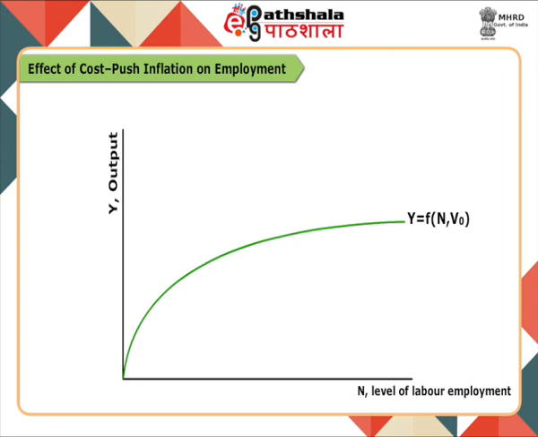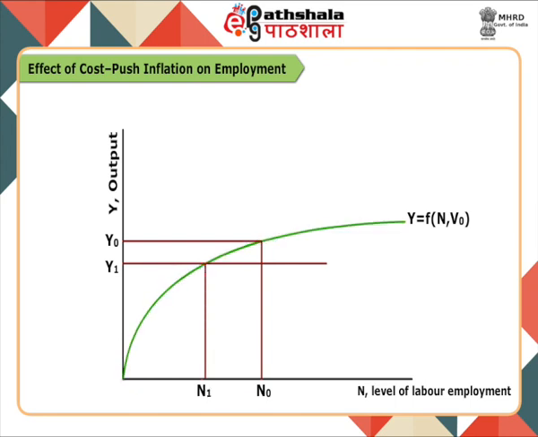When the level of output is at Y0, the employment level along with original production function is N0. Due to cost push inflation, the equilibrium output level reduced to Y1. However, the impact of cost push inflation on employment depends upon production function. If production function remains the same, that is, Y = f(N, V0), then employment shall reduce to N1.